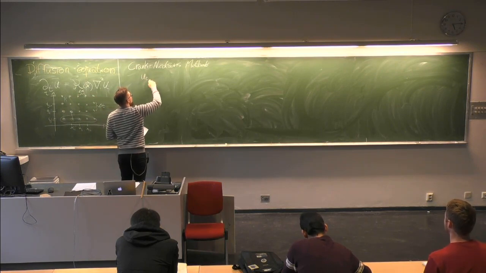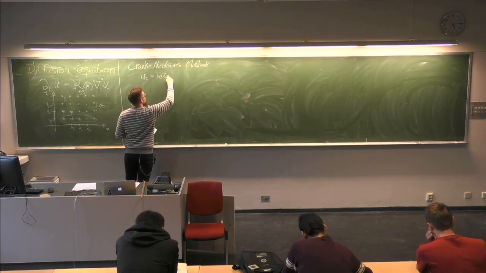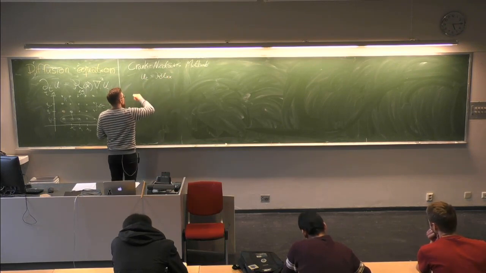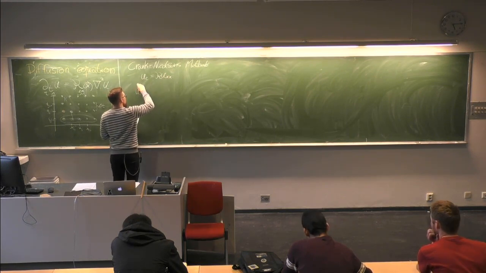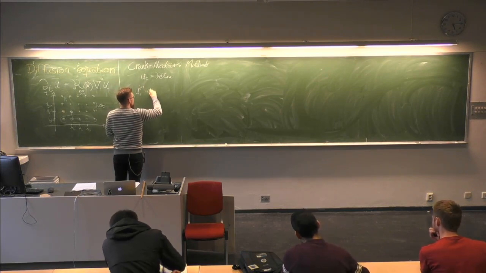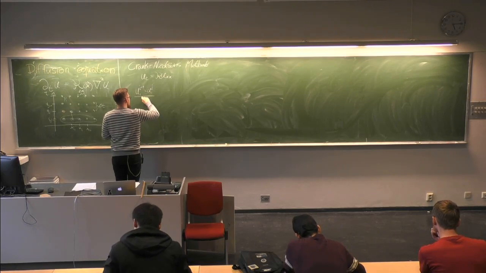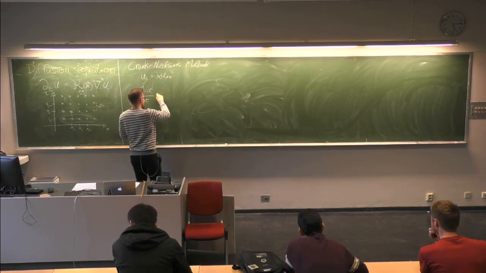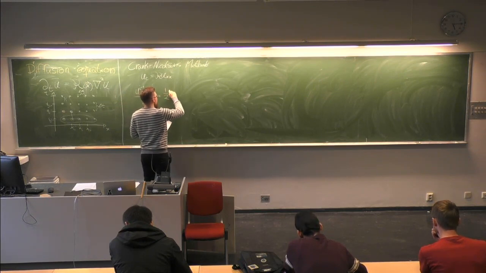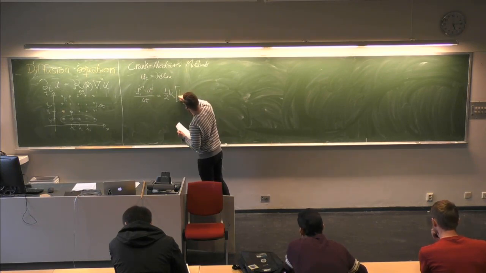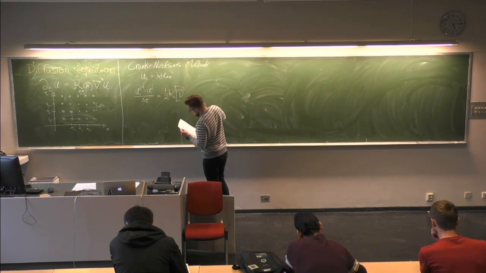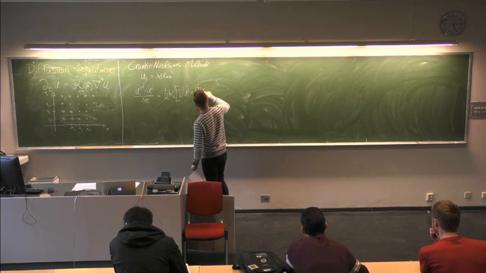Again, the equation is u_t = kappa u_xx, but we will average over two time steps here: j plus 1 and j. So u at (i, j+1) minus u at (i, j) over delta t equals half kappa, and we make it more explicit, times the second derivative at j plus the second derivative at j plus 1.